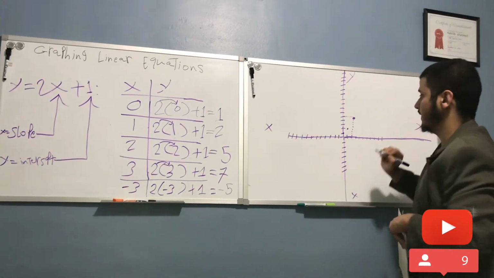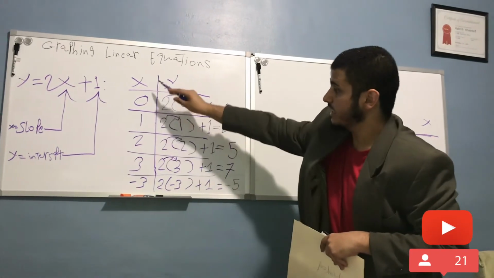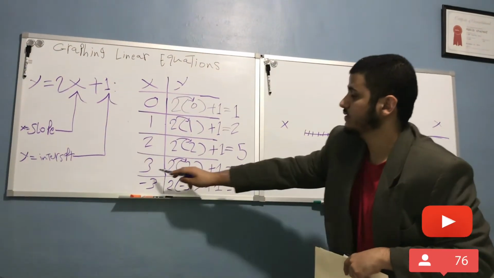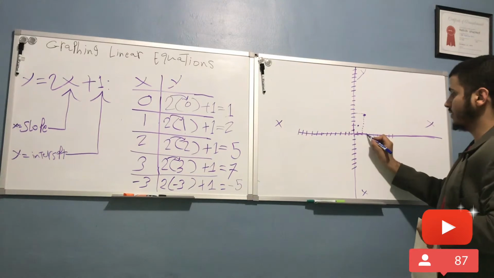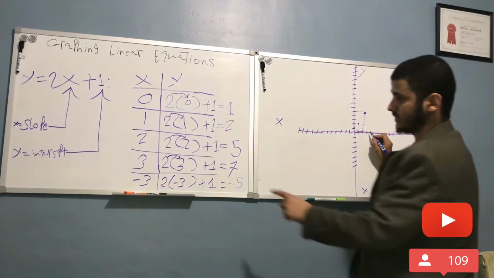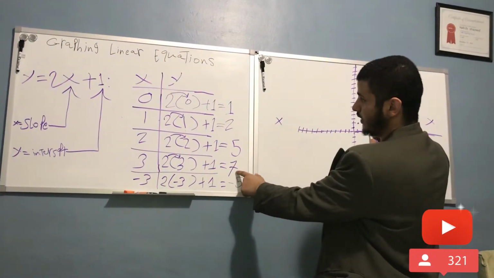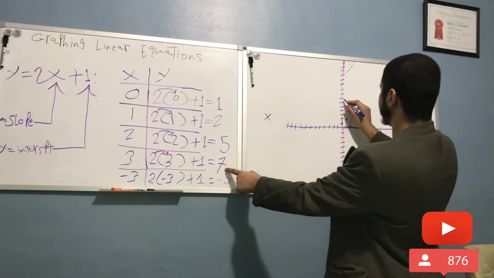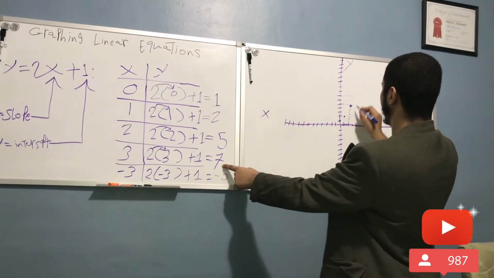Then the x-axis is 3, and the y-axis is 7: 1, 2, 3, 4, 5, 6, 7. This is 3.